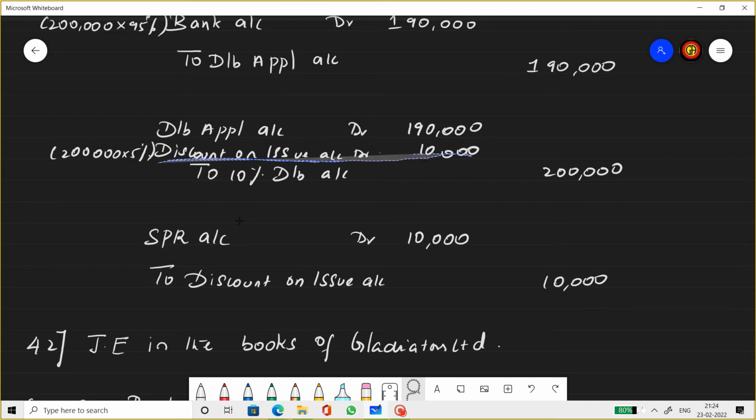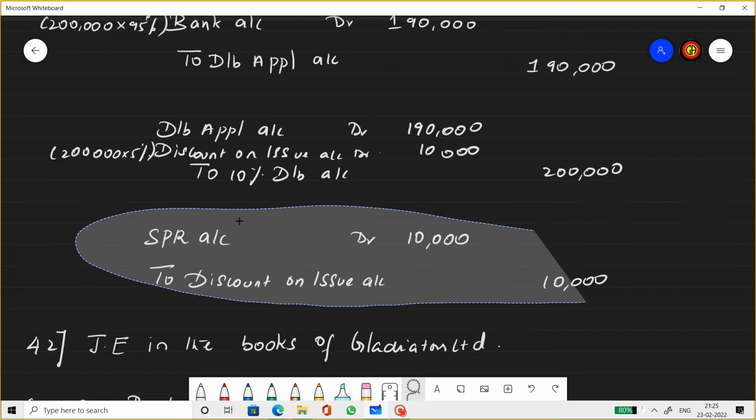This loss we have to write off in the year of issue itself. The question says there is some amount of money in the SPR account. We need only 10,000 from that. So SPR account debited by 10,000, discount on issue credited by 10,000. This is the journal entry regarding the discount on issue of debentures.